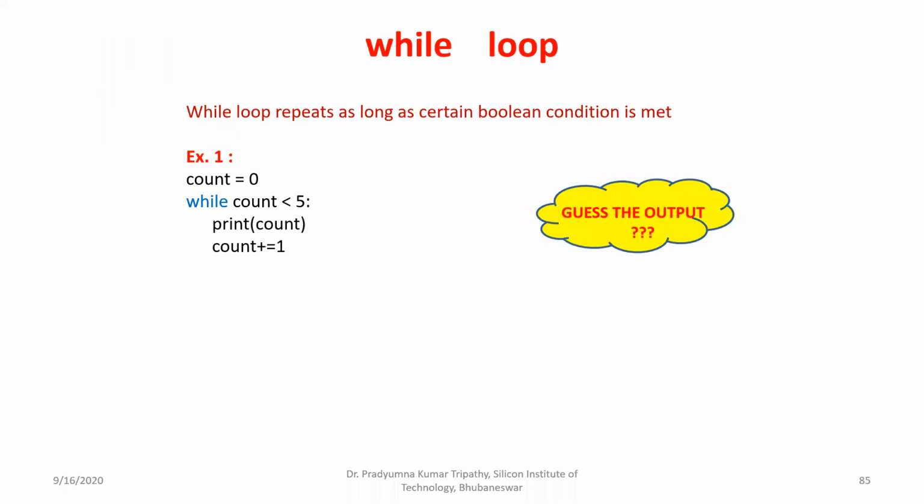Now we will go to another kind of loop, the while loop. The while loop you have already used in our C language as well. Here in the while loop, the syntax is similar: while condition, then the statements to be repeated if the condition is true.